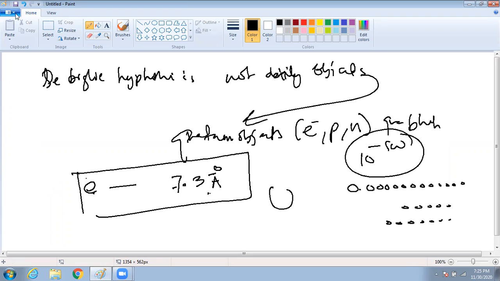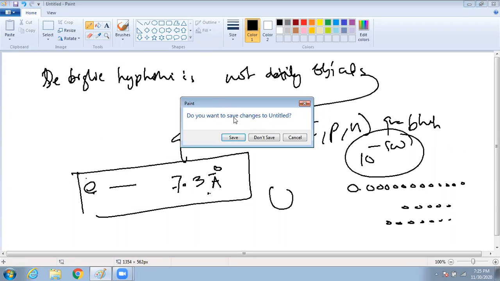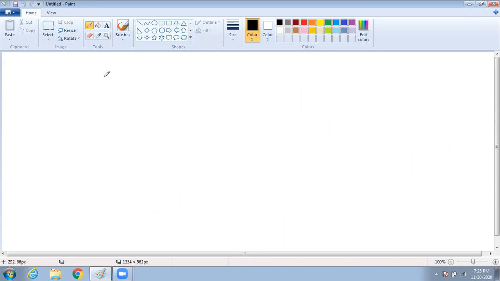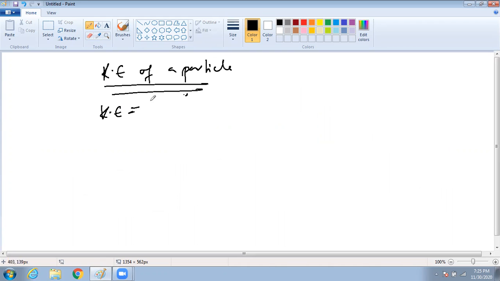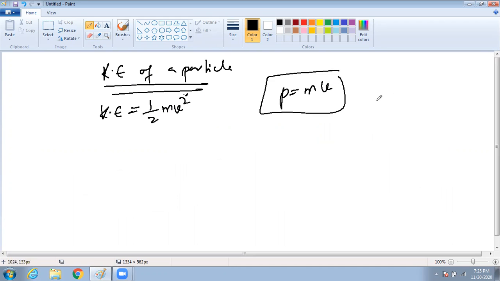So now we will study the kinetic energy of a particle. Kinetic energy of a particle is equal to how much? The formula is half mv square. So you know p is equal to mv. Then can I write this as half into mv into v?